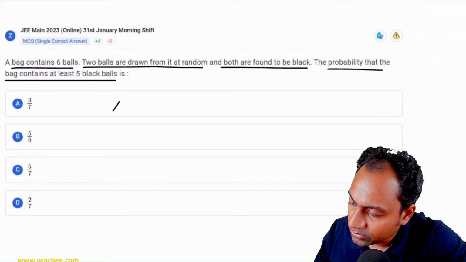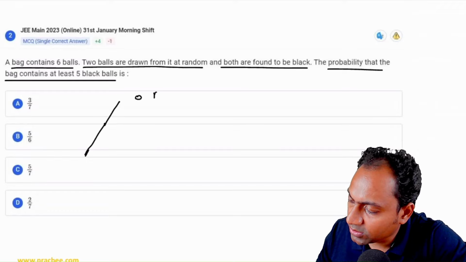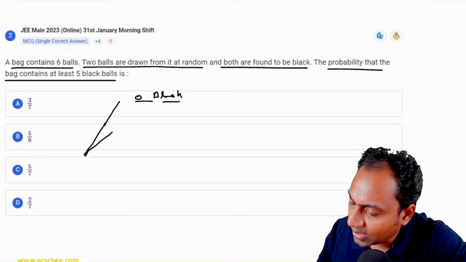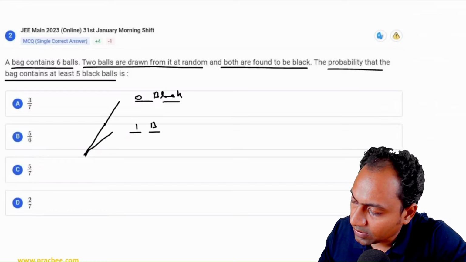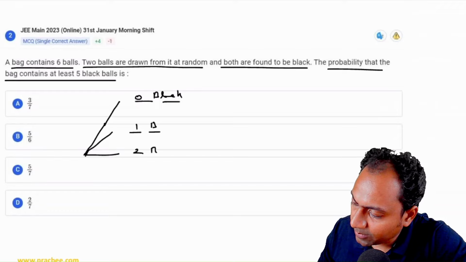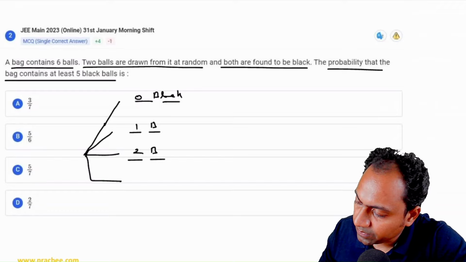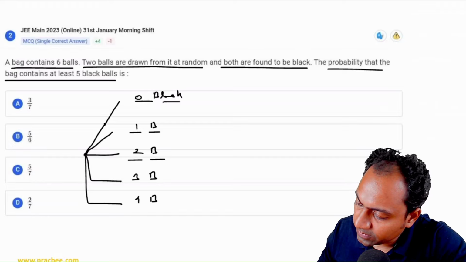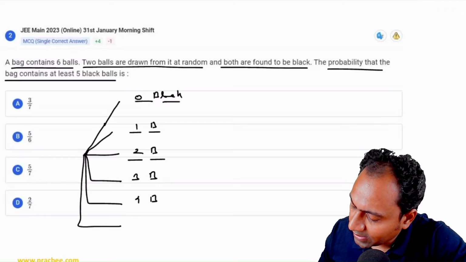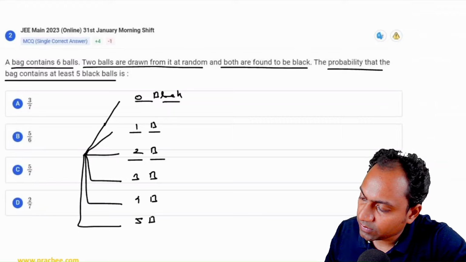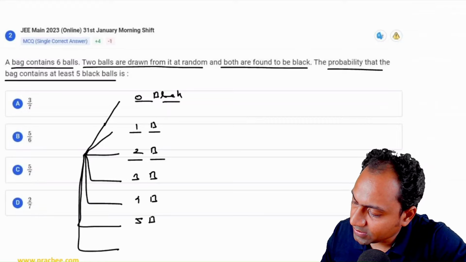Okay, fine. So what can happen is, basically we can have 0 black balls. This is one case. We can have 1 black ball, 2 black balls, 4 black balls, 5 black balls, and then what we can have is 6 black balls.